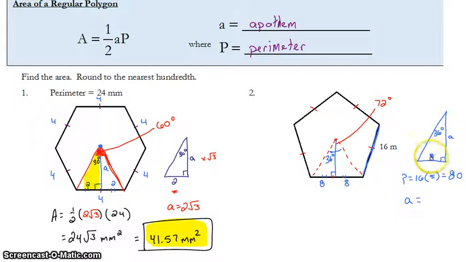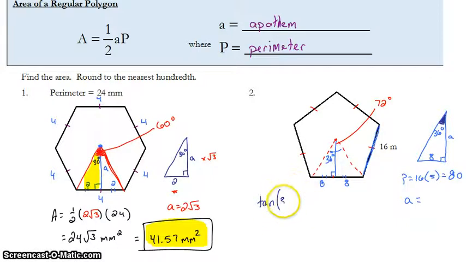So I'm going to use something else we've learned recently. It's not a special right triangle, but it is a right triangle, and I can use my trig functions. If this is my reference angle, 36 degrees, I know my opposite, and I'm trying to find my adjacent. Opposite and adjacent is my tangent function.